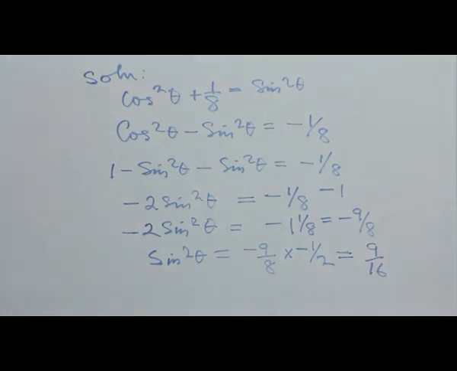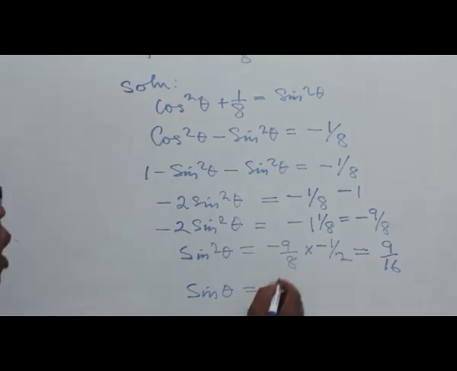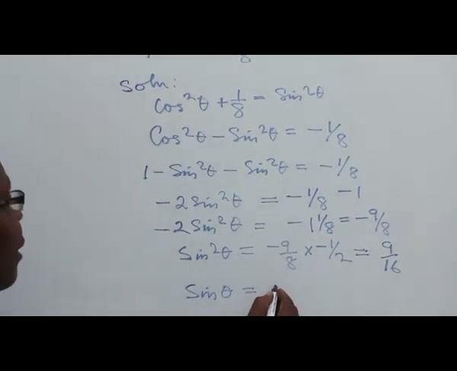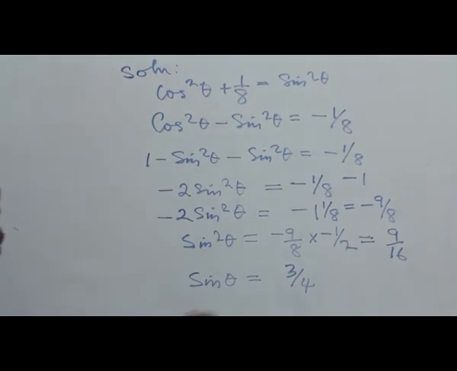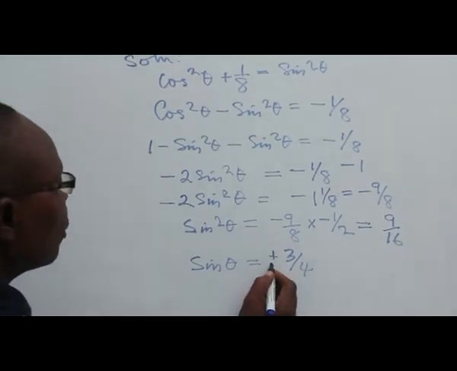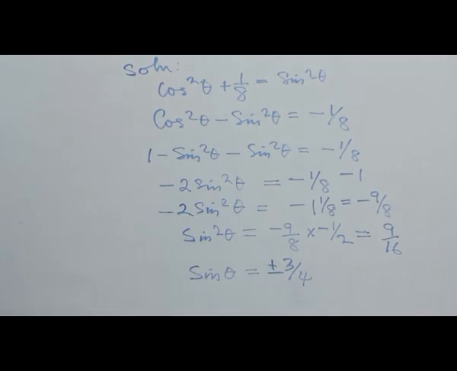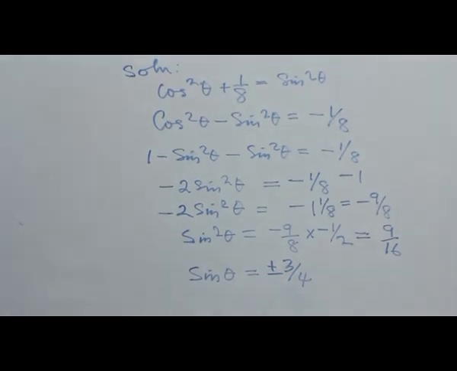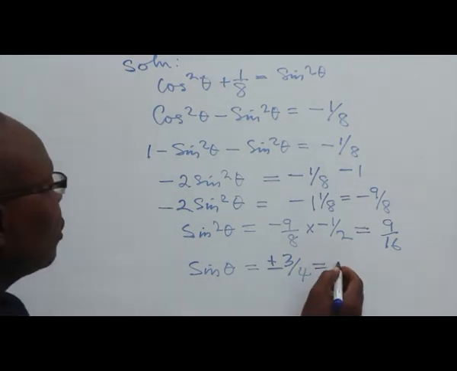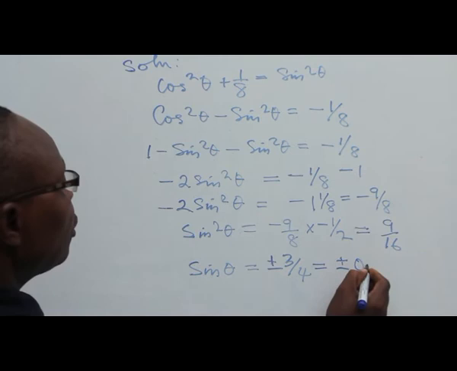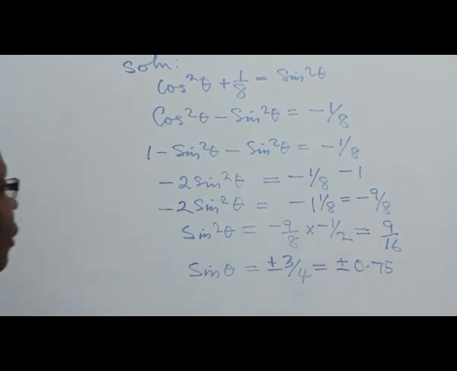16. So if sin square theta is equal to 9 over 16, our sin theta will now be equal to the square root of 9 over 16, and that is equal to 3 all over 4. But you will recall that it is plus or minus. Now, in this wise, we can find our theta, and this is equal to plus or minus 0.75.